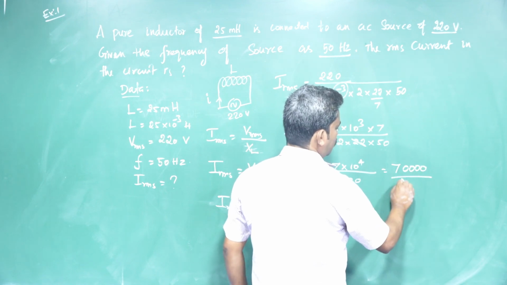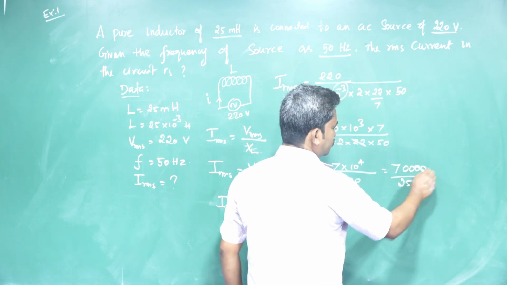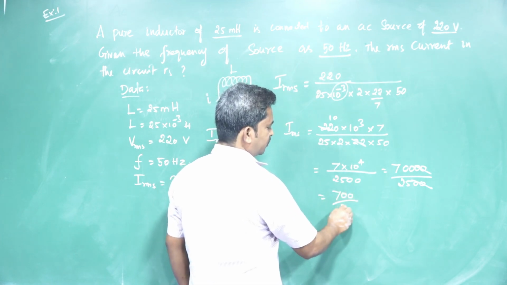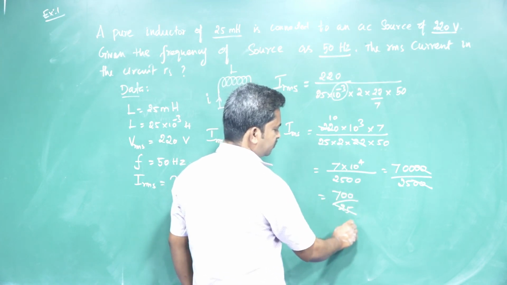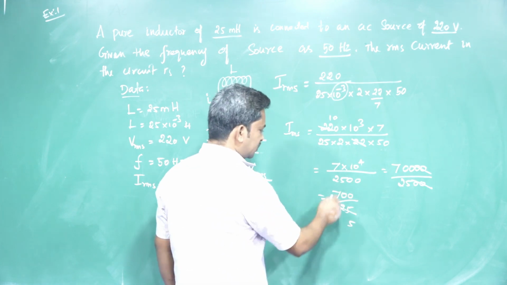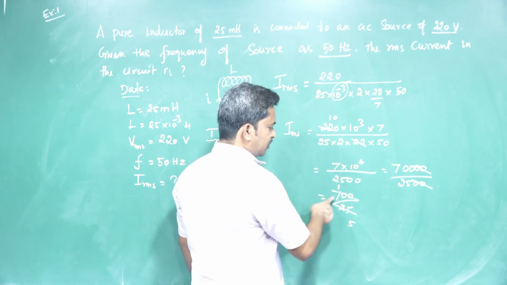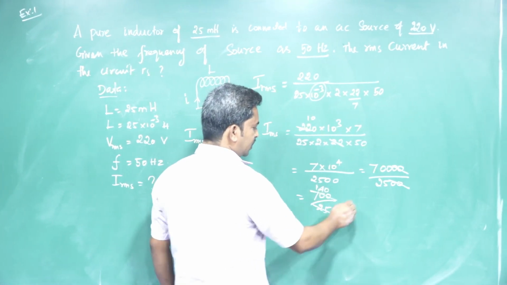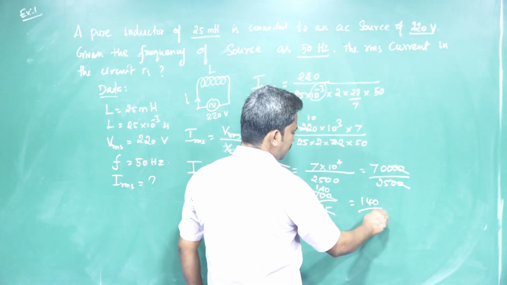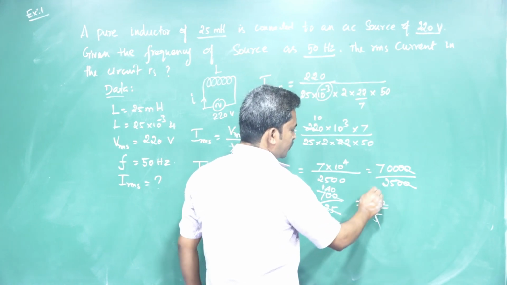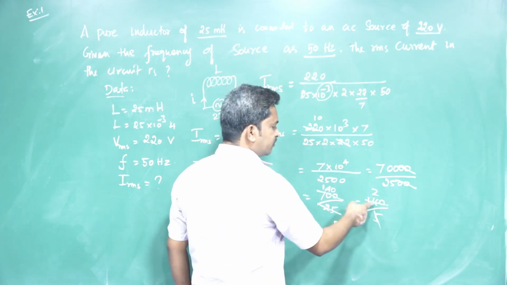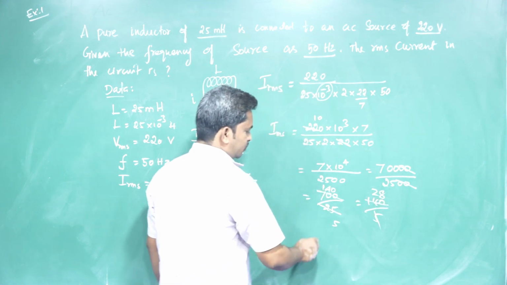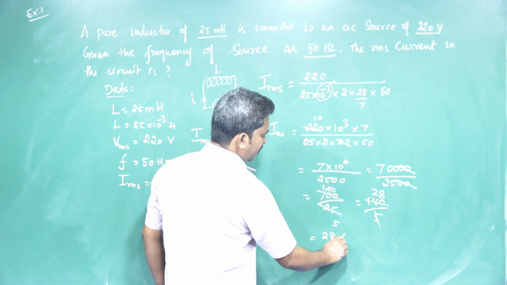So 7 into 10 power 4 divided by 2500. Cancel, remaining 700 divided by 25, easy cancelling. Remaining 140 divided by 5, so it is equal to 28 ampere.